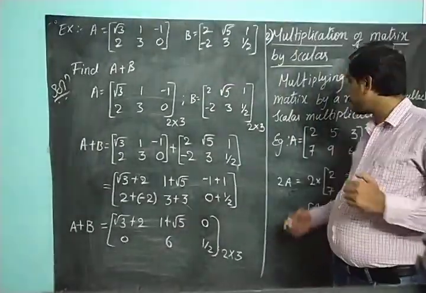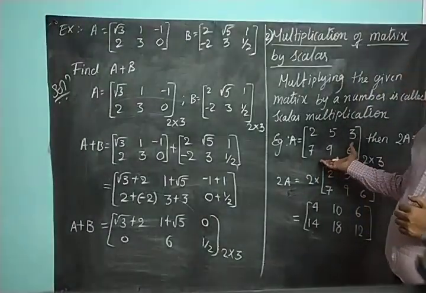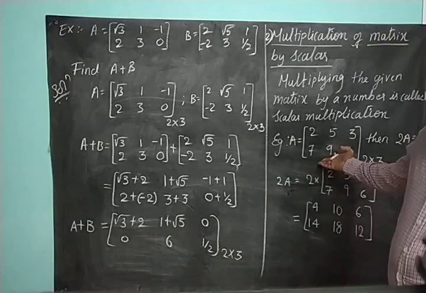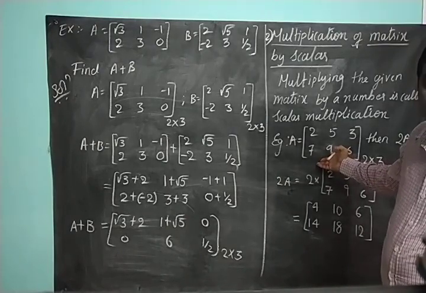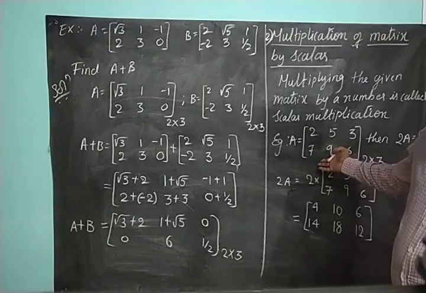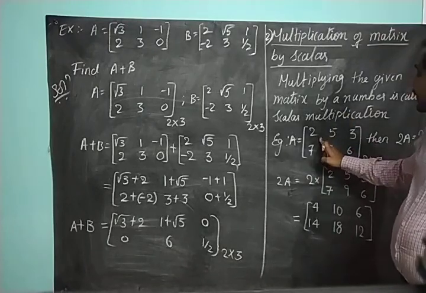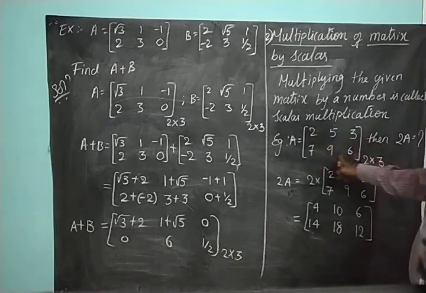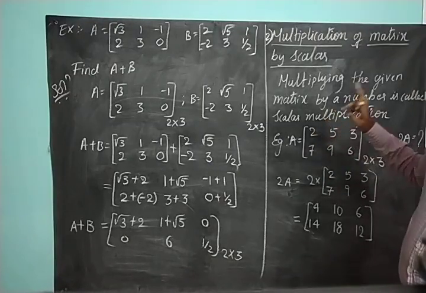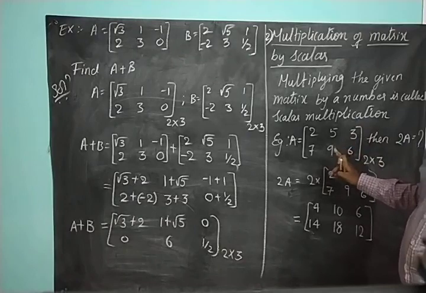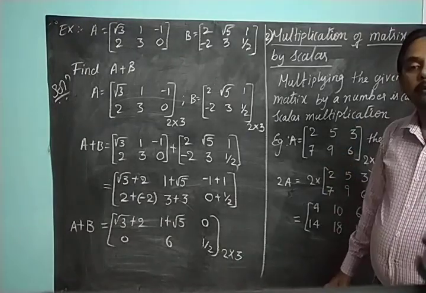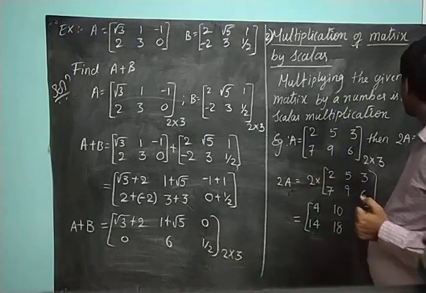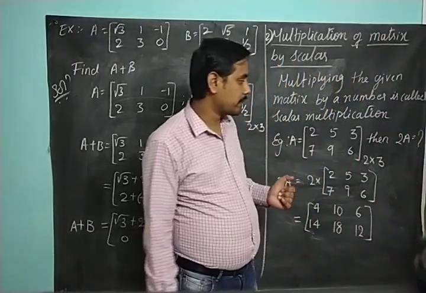When I multiply 2 to this given matrix, each and every element present inside the matrix gets multiplied by 2. What is that 2? It is the scalar factor, the scalar we have taken for multiplication.